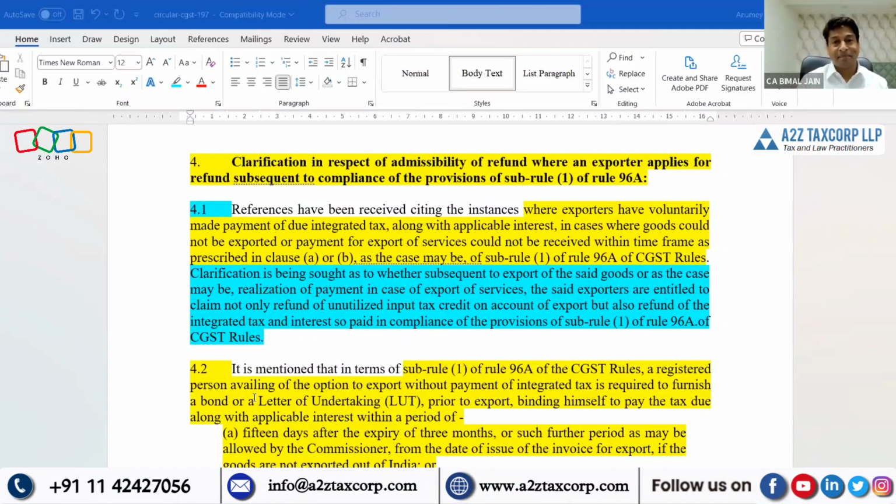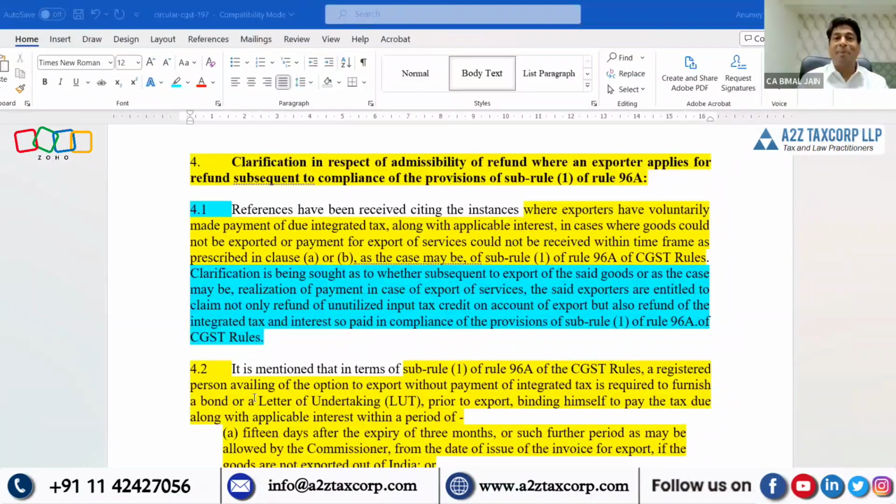Quite obvious. Though I have executed LUT, I could not export within the specified time period. First of all, the department insists you must pay IGST now. So if I have paid IGST along with interest and subsequently I exported the same, then quite obviously, being an exporter, I would be demanding refund of IGST along with interest, right?